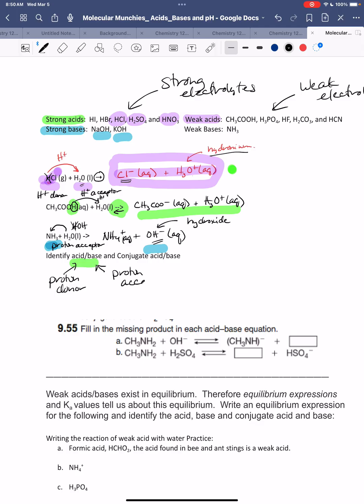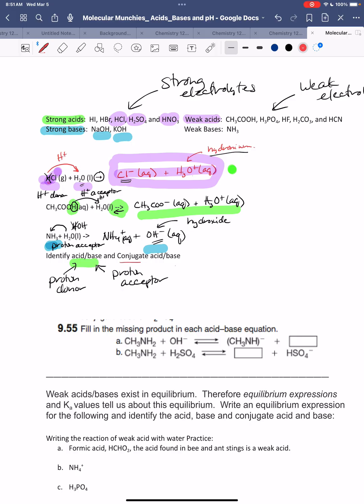So you just kind of look at the reaction and decide where the hydrogen is going and who's getting the hydrogen, okay? The conjugate acid and the conjugate base are the same thing. We just give them a different name because they're on the opposite side of the reaction, okay? So the acid, again, is going to be the donor and the base is going to be the acceptor, but it's on the opposite side of the equation.